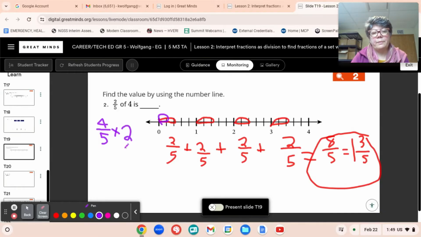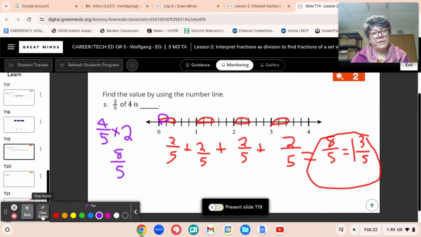So 4/5 doubled would be the same, 8/5. All right, so basically you're taking the fraction of each whole number. So try to think about that: you're taking the fraction of each whole number to find the fraction of the total. Okay, make sure you have that written down.